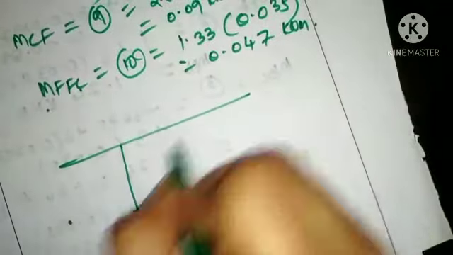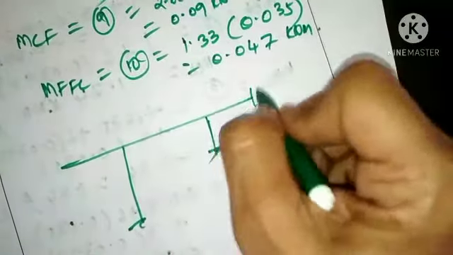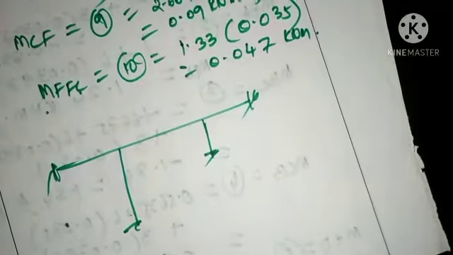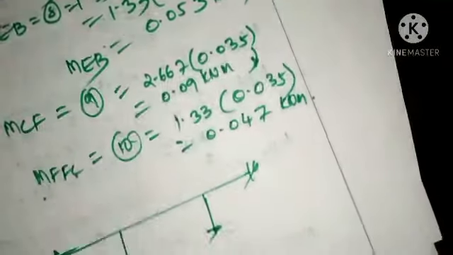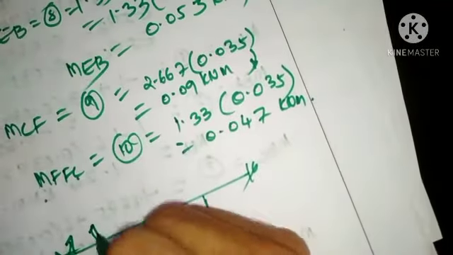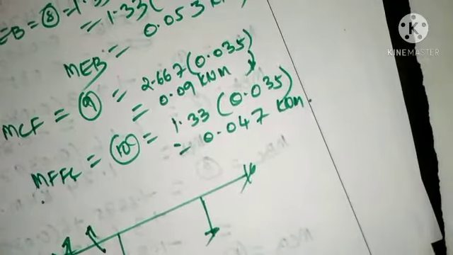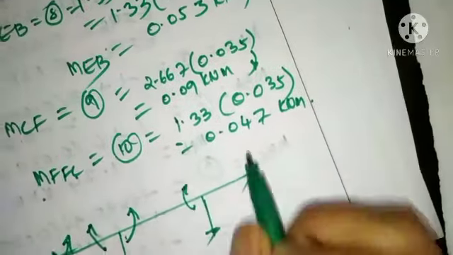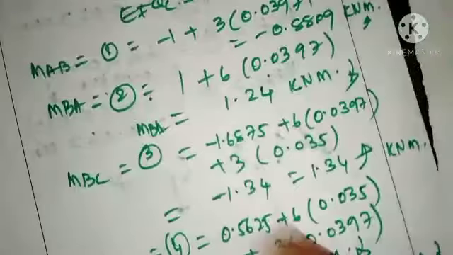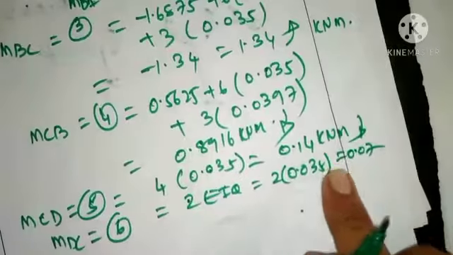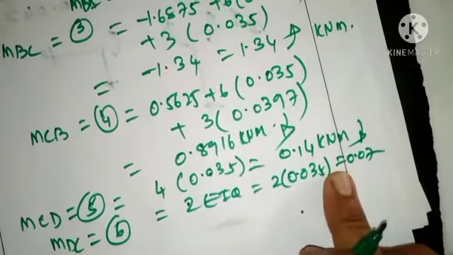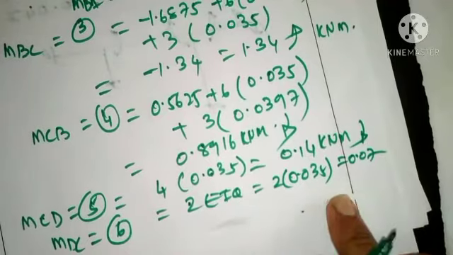Now next, we need to draw the direction of the moments. First, the MAB value that we calculated was in anti-clockwise direction, and this was in clockwise direction. Further, both these were in the same anti-clockwise and clockwise directions. MBC is in anti-clockwise direction, MCB is in clockwise direction, MCD is anti-clockwise, and MDC is in clockwise direction.